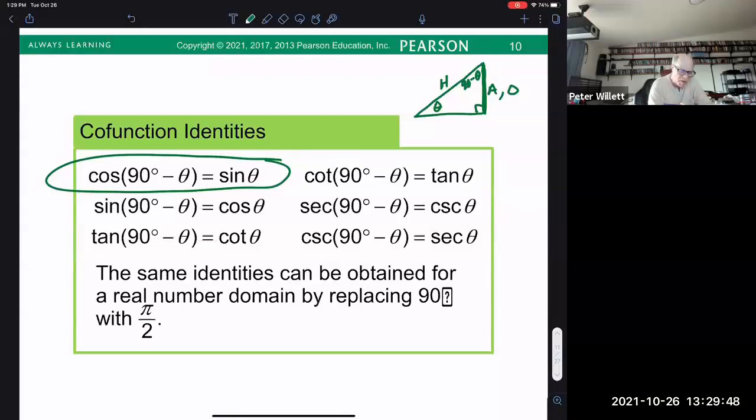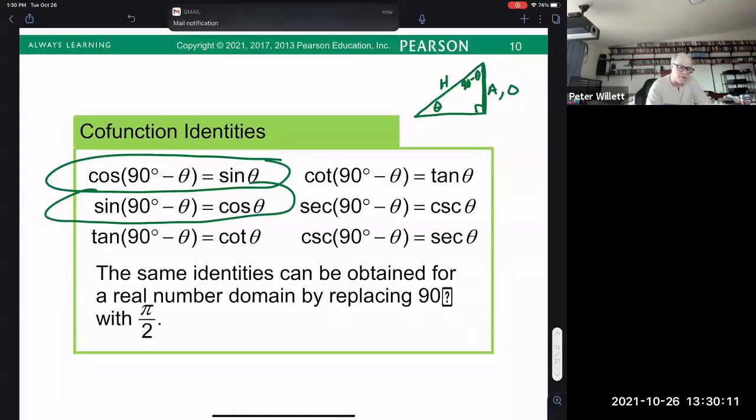I could just do the same thing by talking about sine here, and you could do the same thing by talking about tangent and changing corners. Then you would flip your two sides, and that would give you cotangent, etc. So each of these we sort of knew already. We had cofunction identities back from when we were looking at these right triangles, but now we can also recognize that 90 degrees minus theta is a cosine of a difference.